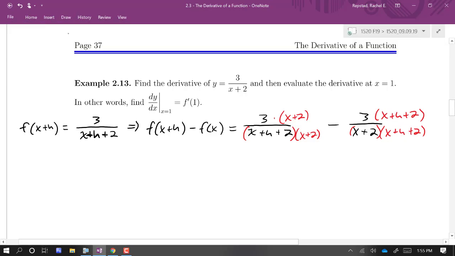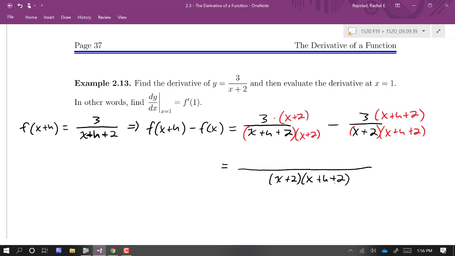Now when we do that, we have this common denominator. It's going to be the product, x plus 2 times x plus h plus 2. And we have some stuff to do on the top, but what we have here in the bottom, it's perfect. Don't do anything to that.